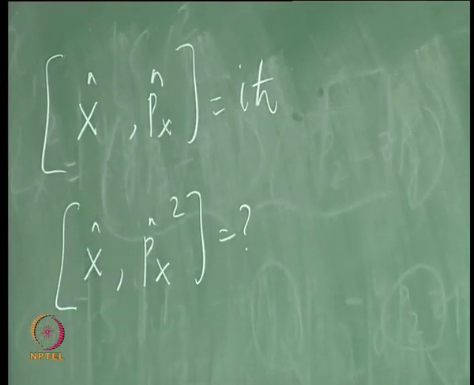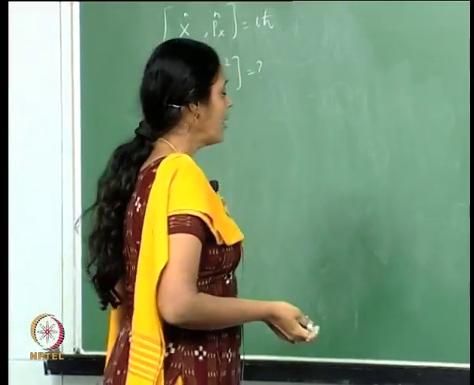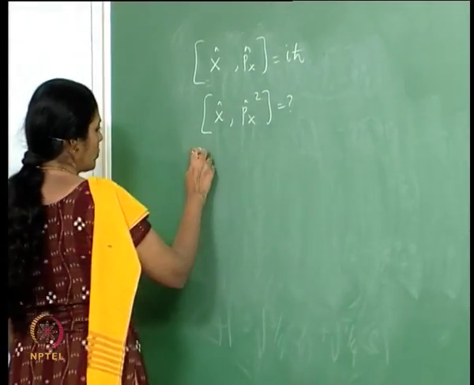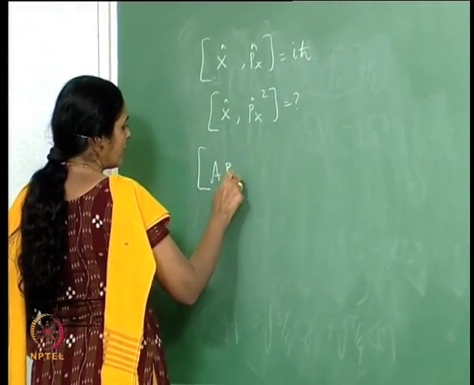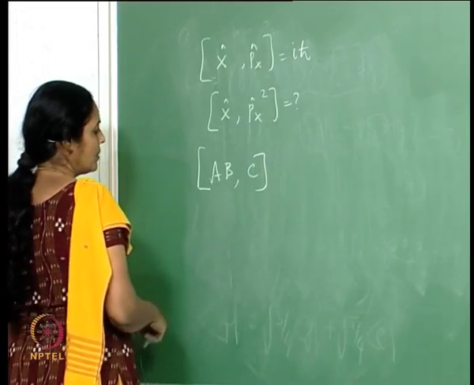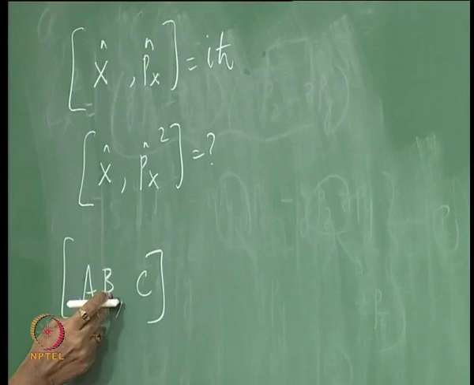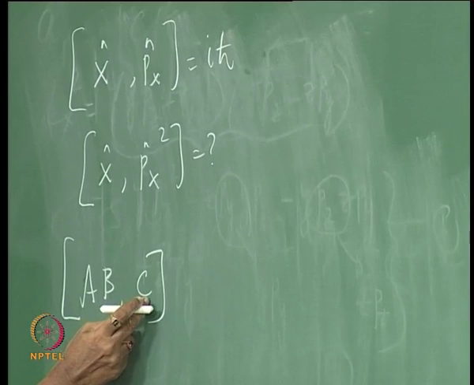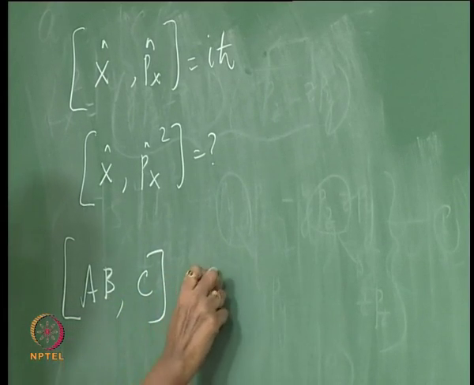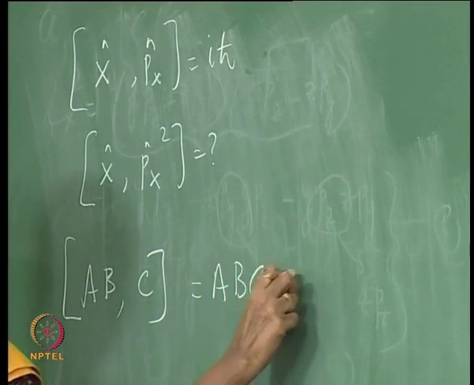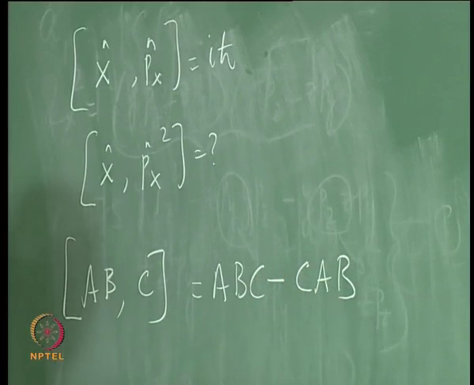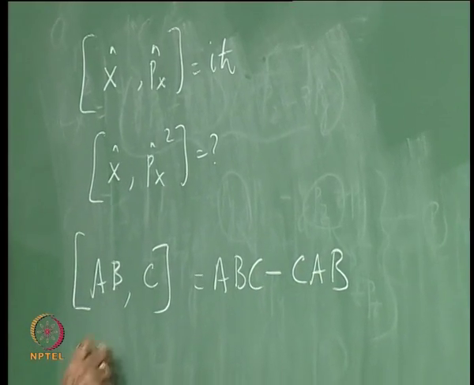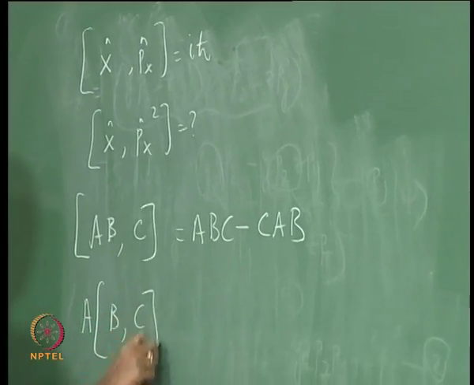It is good in general to realize the ABC rule for commutators. Suppose I have the product AB, AB being matrices, the commutator with C. This is the same as ABC minus CAB. Consider this object.